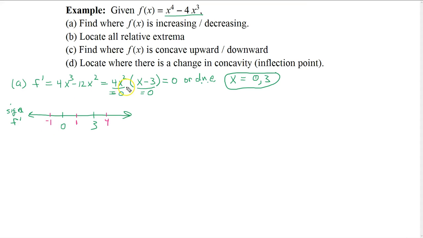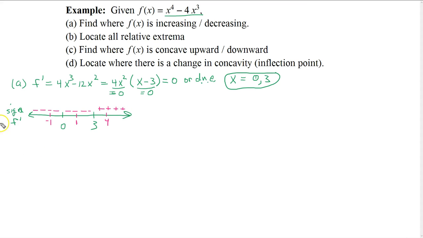So if we put -1 into x here and here, we're going to get a positive number times a negative number. So the derivative will be negative on this interval. If we put 1 in for x, we will get a positive number times a negative number. That will also be negative. And then if we put 4 into x here and here, we will get a positive number times a positive number, so positive here.